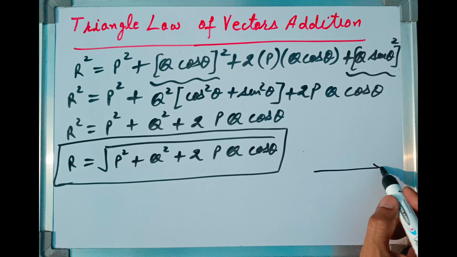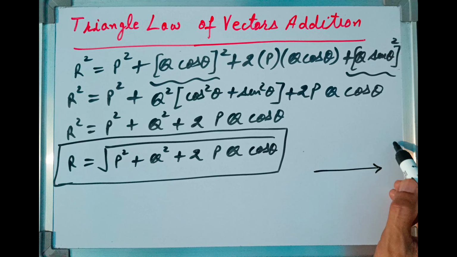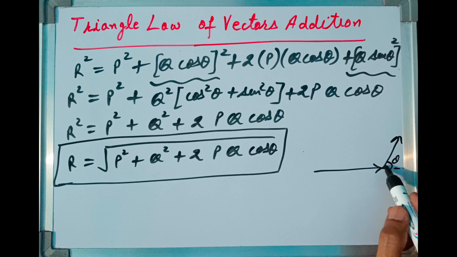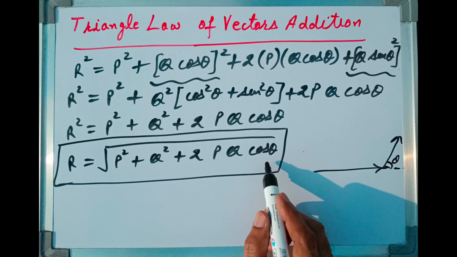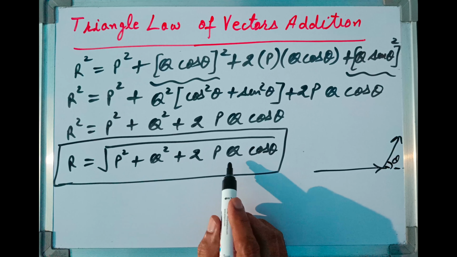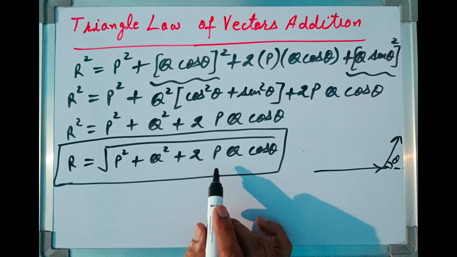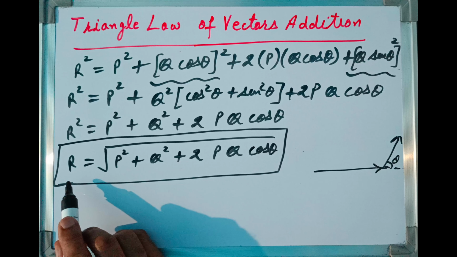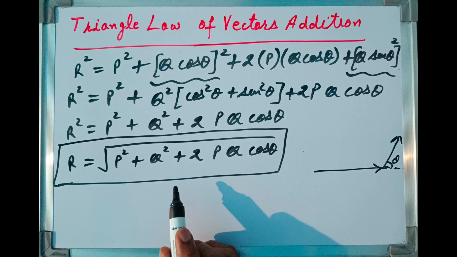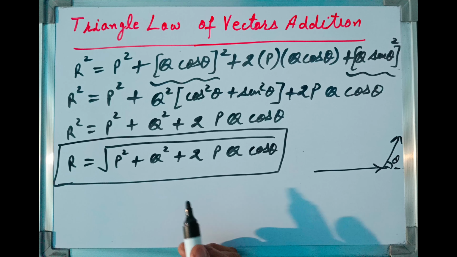Theta is nothing but angle between two vectors. We are having this angle as theta. If the angle between two vectors is known to us and magnitude of two vectors is known, by putting various values we can find the magnitude of resultant vector, that is the sum total of given vectors P vector and Q vector. That's all. Thank you.